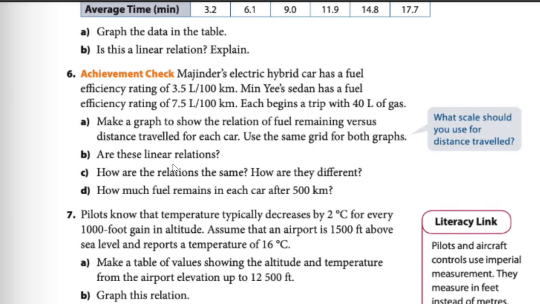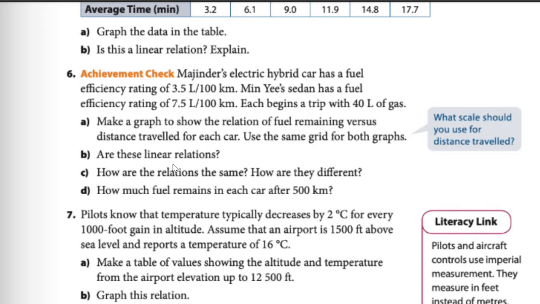So I've pre-filled out a lot of the information here just because it's very similar to the previous question. What we have here is that Maginder's electric hybrid car has a fuel efficiency rating of 3.5 liters per 100 kilometers. Minyi's sedan has a fuel efficiency rating of 7.5 liters per 100 kilometers.